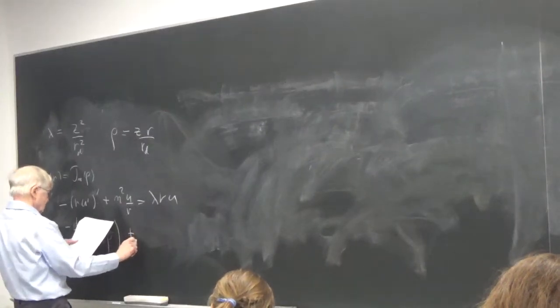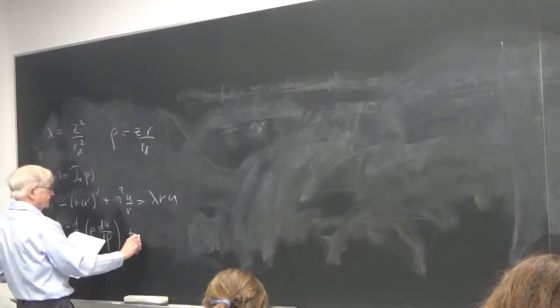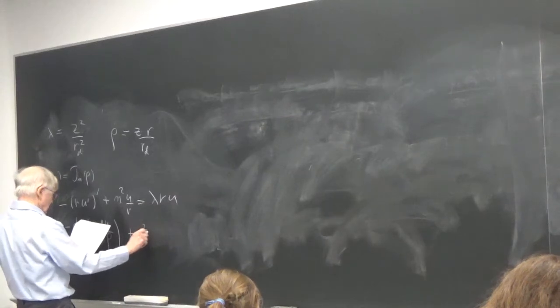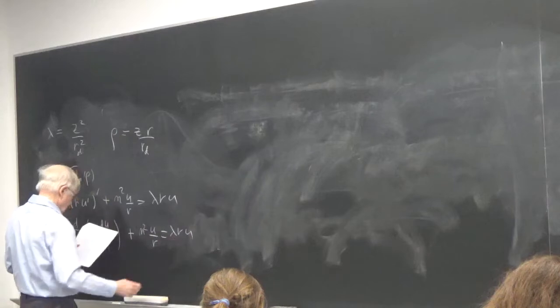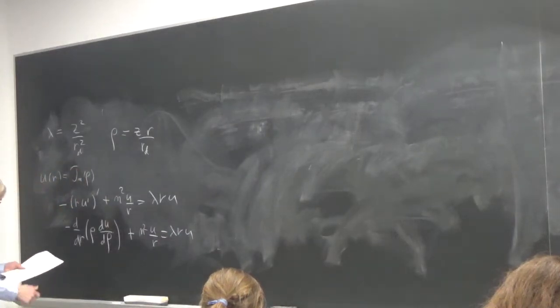And then this is still n squared u over r equals lambda ru.